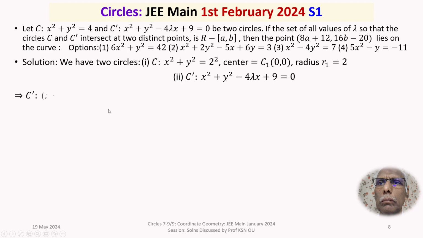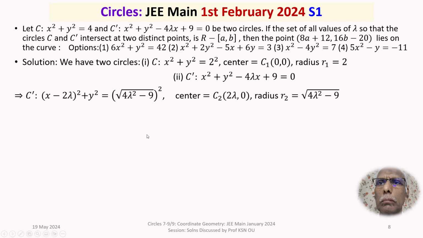Let's write it as x minus alpha whole square plus y minus beta whole square is equal to r square. Alpha is 2 lambda, beta is 0, and the center of the circle is C2, which is 2 lambda comma 0, and its radius is under the square root of 4 lambda square minus 9. Agreed.